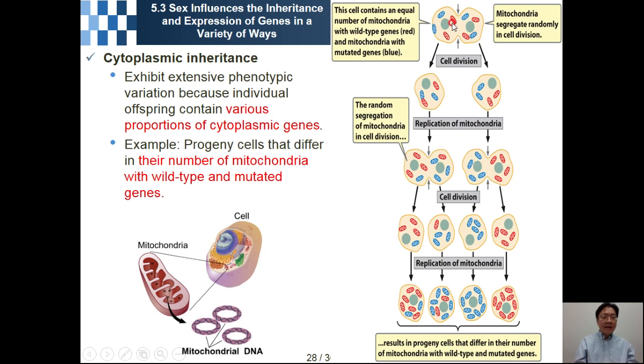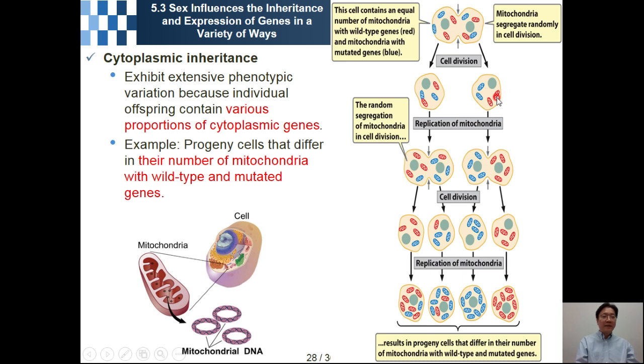So during the cell division, mitochondria are segregated randomly. So after one division, in this case 2 blue go to this side, and 2 red go to this side. In the other side is also 2 blue and 2 red.